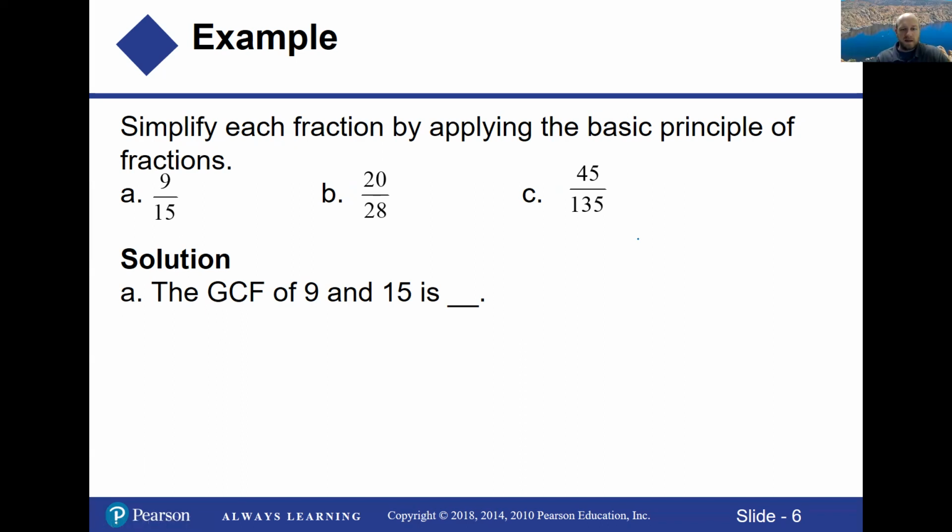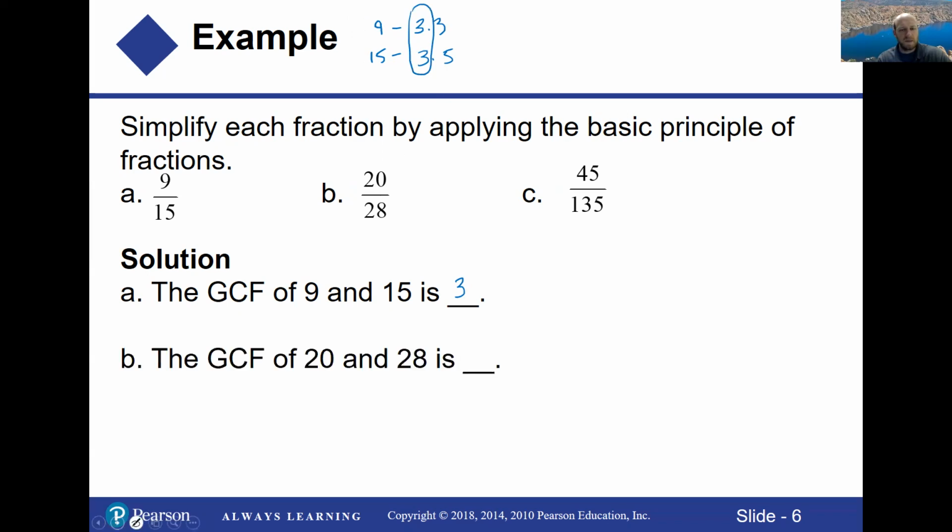The greatest common factor of 9 and 15 is 3. How do I know that? Well, if you wrote out multiples of each of these, we would know that 3 times 3 is 9. We know that 3 times 5 is 15. And this is what they have in common, just one of the 3s. So that's your greatest common factor.